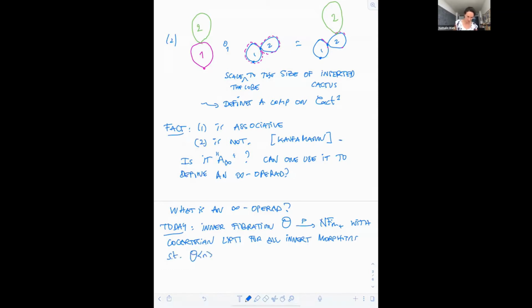O of n is isomorphic to O of 1 to the n, and the morphisms in O from n to m identify with a product in m of morphisms in O, F inverse, I'm almost done, F inverse i to 1.